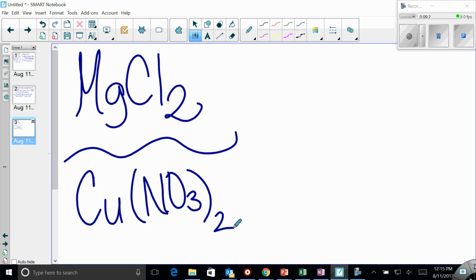Do I know, because it's in one of the first two tall columns, what its oxidation number is? Yes, 2 what? Plus or minus? 2 plus. Good job.